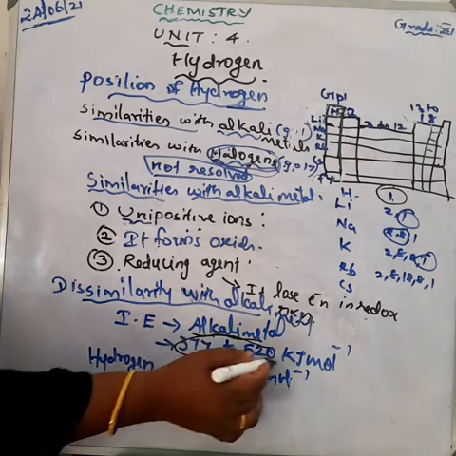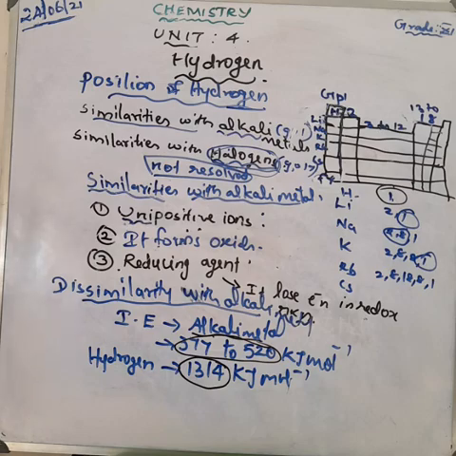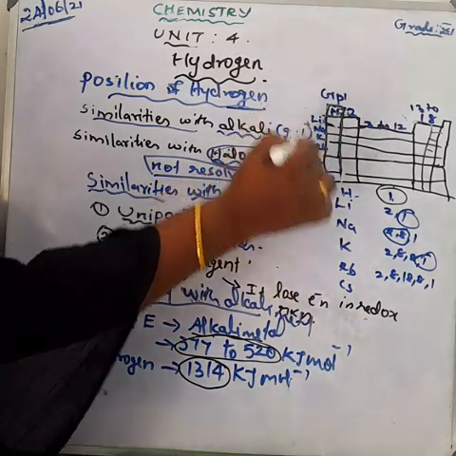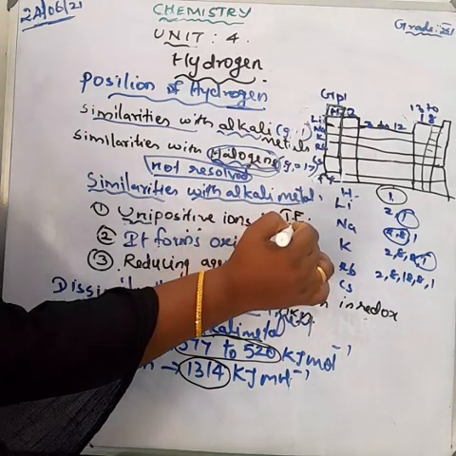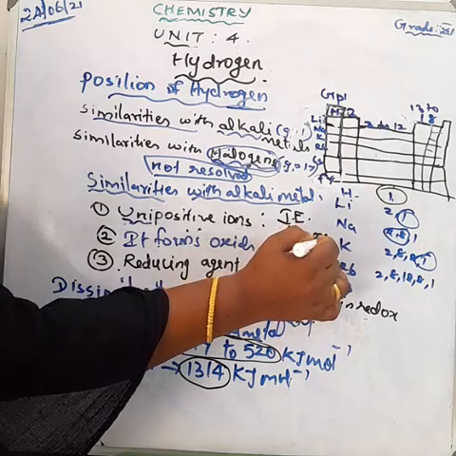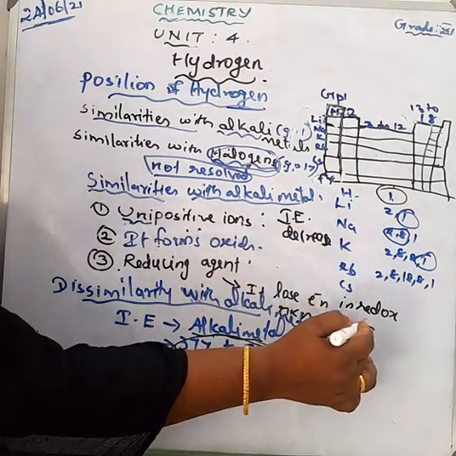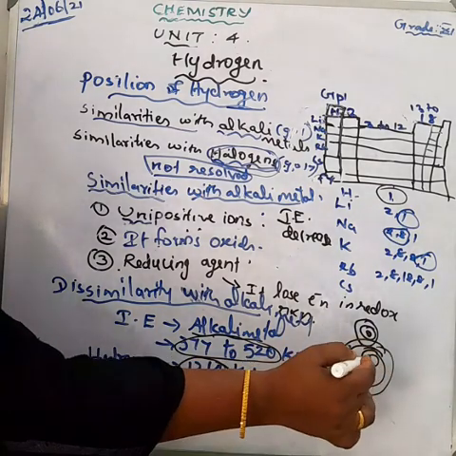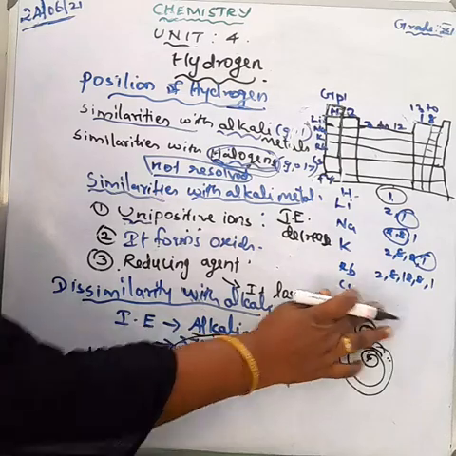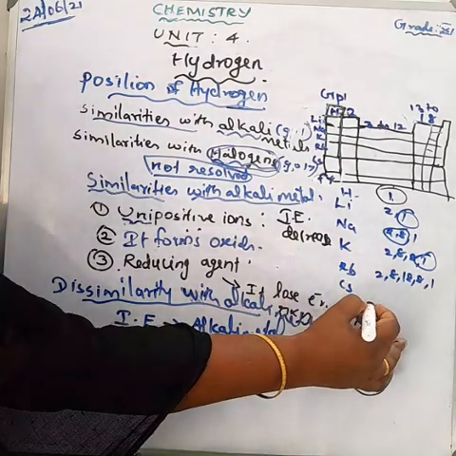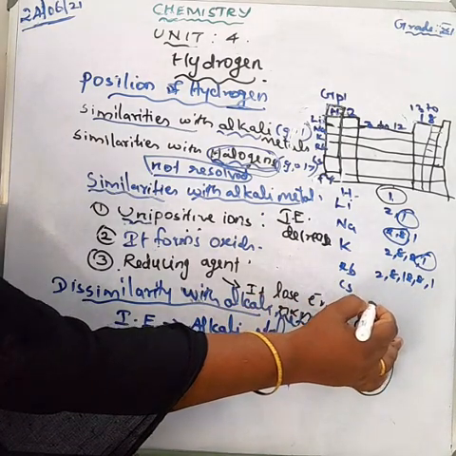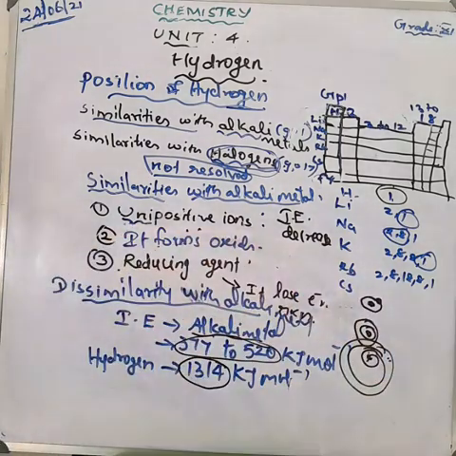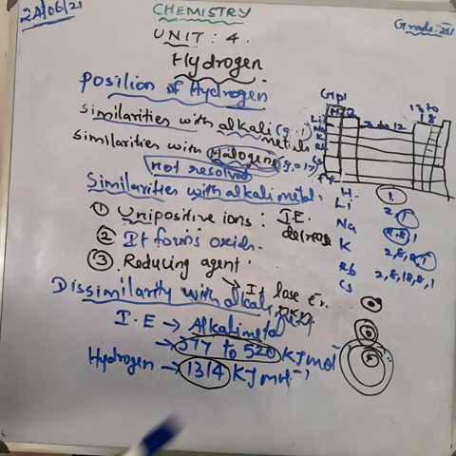Why? Because when moving down the group, ionization energy decreases. The distance between the center of the nucleus and the outermost electrons increases, so the nuclear force of attraction between the nucleus and the outermost orbit decreases. But in the case of hydrogen, there is only one proton and only one electron in the outermost shell of the hydrogen atom.